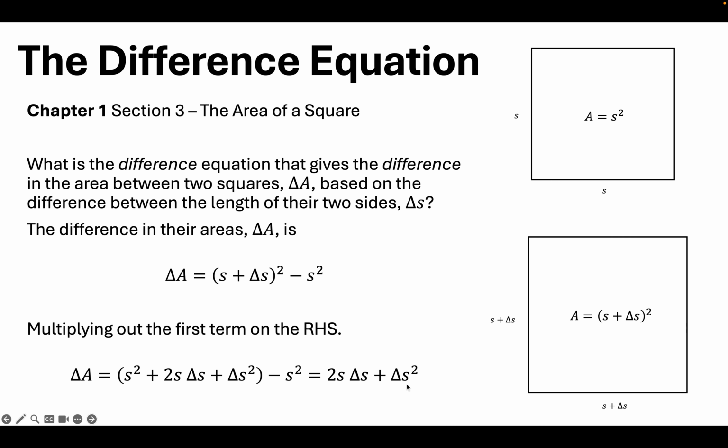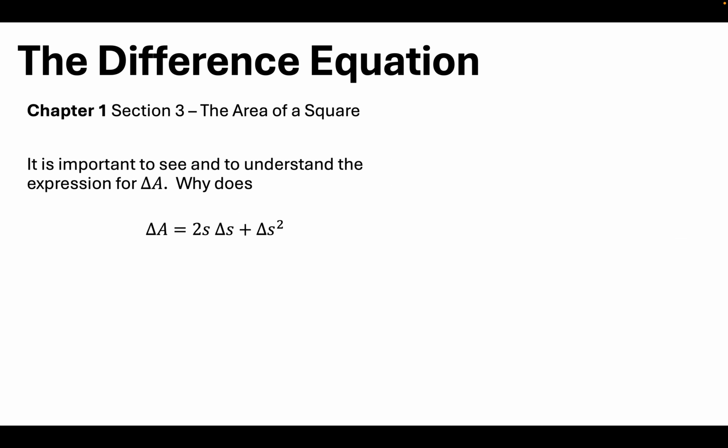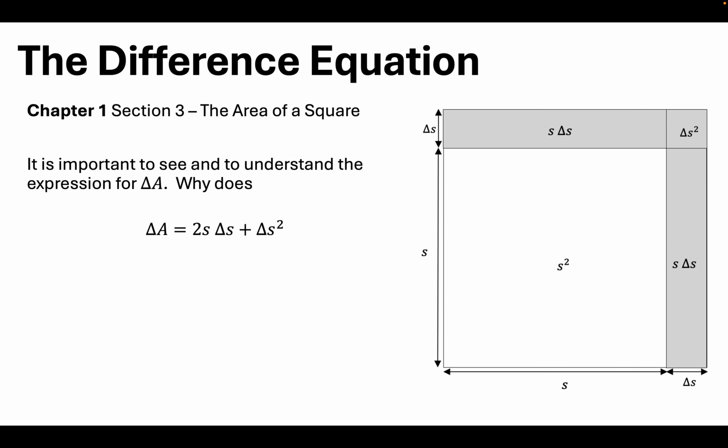And we should think about why that's delta A. Why is this true? A picture will tell the story. The square in white is just an s by s square, and the total square is s plus delta s, the outer square. The difference in their areas is the grayed in portion.